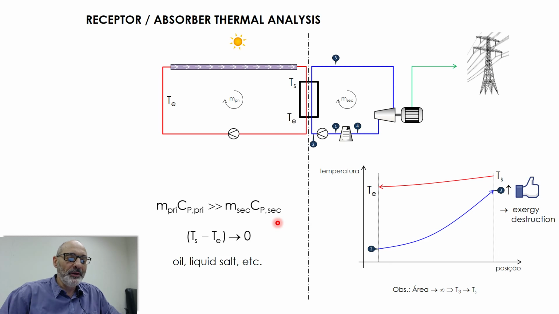The problem here is just a practical problem, actually. If T3 becomes too high, I don't have many choices as working fluid. I cannot work, for instance, with some vegetable oil because it's going to degenerate.